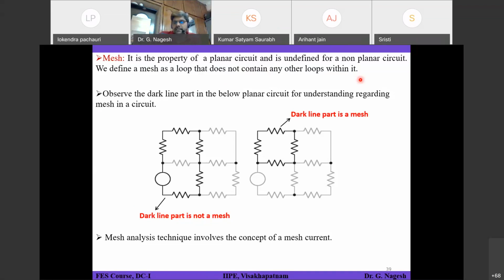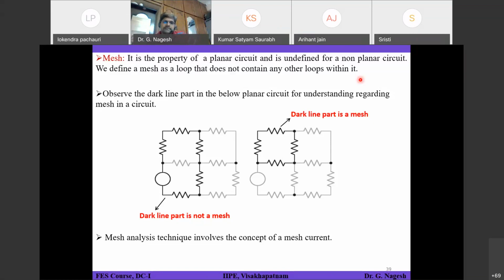That means when current is flowing through some resistor, the entering point is considered as plus potential and the leaving point is considered as minus potential. So once you determine the current and the potential across different elements, only then can you apply KVL to that particular loop. Okay, so that is KVL for a loop.